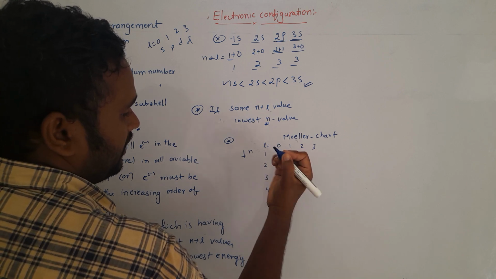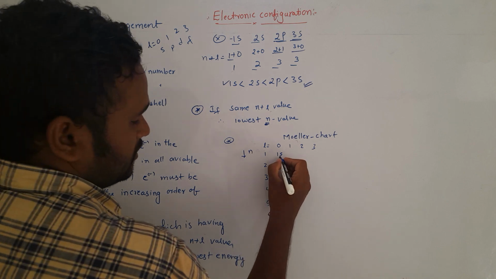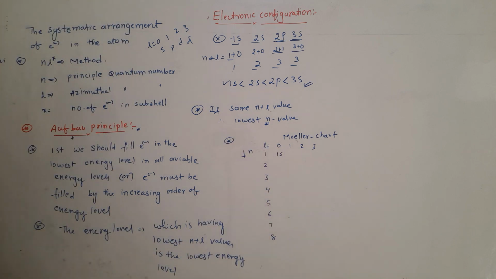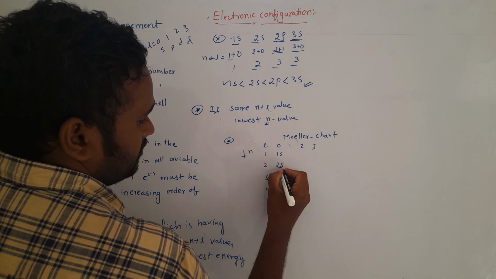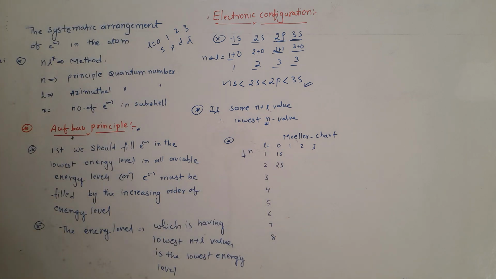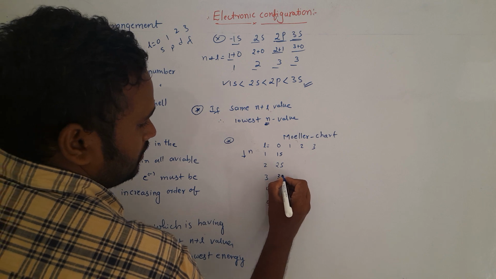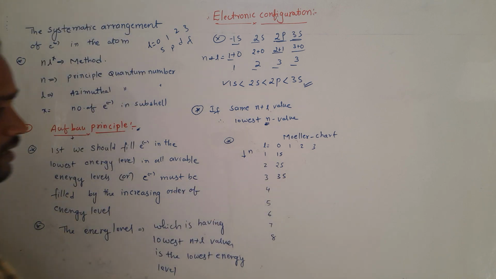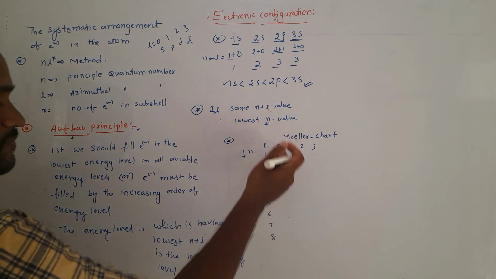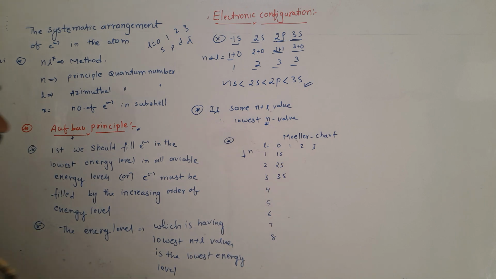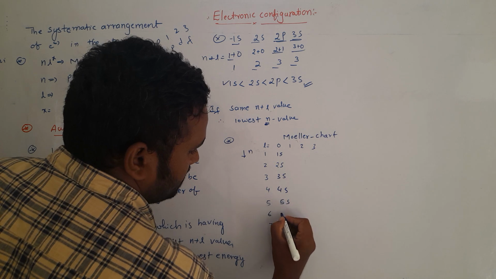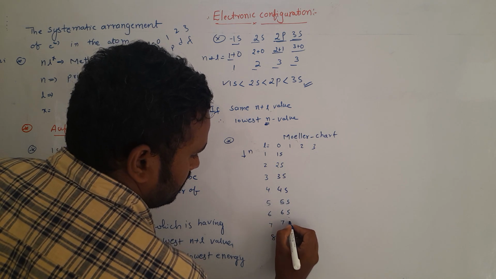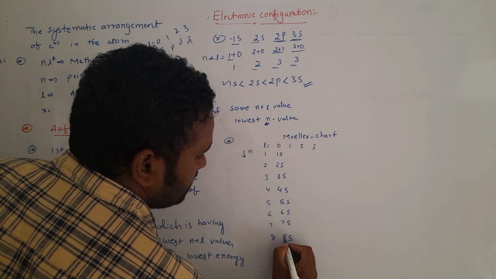So we write 1s, which means the s subshell present in the first shell. Next 2s, the s subshell present in the second shell. 3s, the s subshell present in the third shell. The s subshell is present in each and every shell. Likewise we write 4s, 5s, 6s, 7s, 8s.